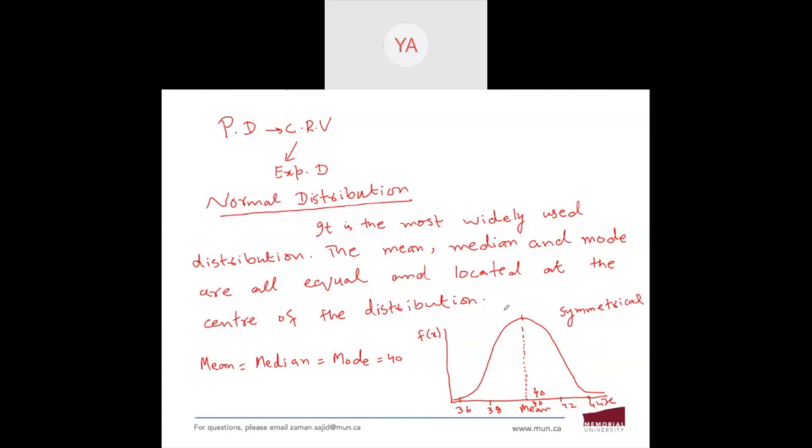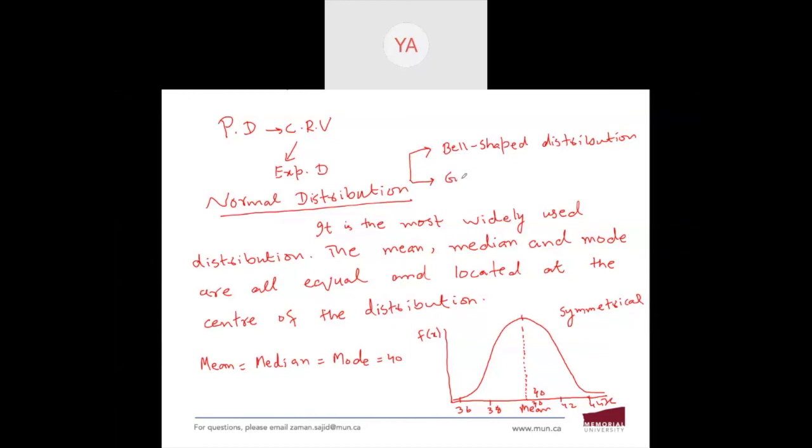Now, if you look at this curve, it looks like a bell. So this is why this distribution is also called the bell-shaped distribution. Now there is another name for this distribution. You will find it in some of the literature.